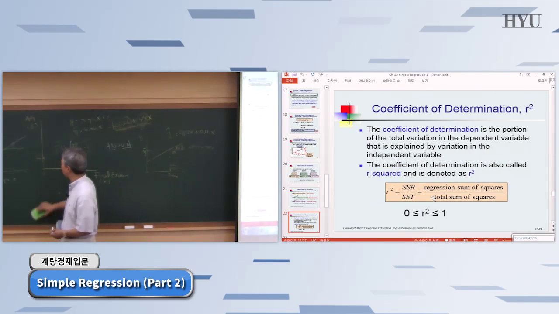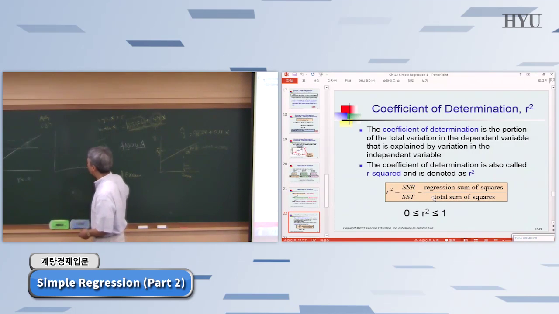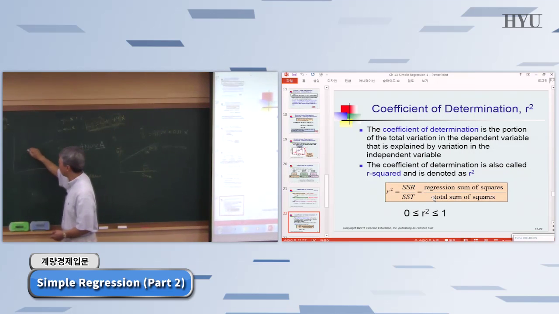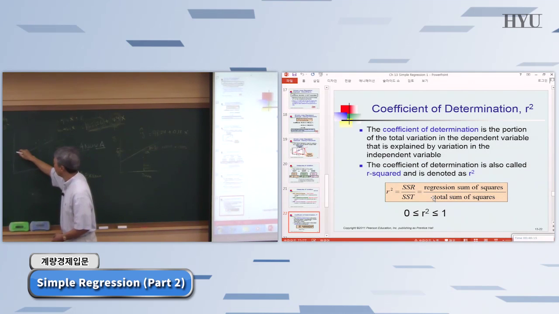As opposed to the same regression line, but with the data points scattered widely. Suppose this is y bar, the grand mean.